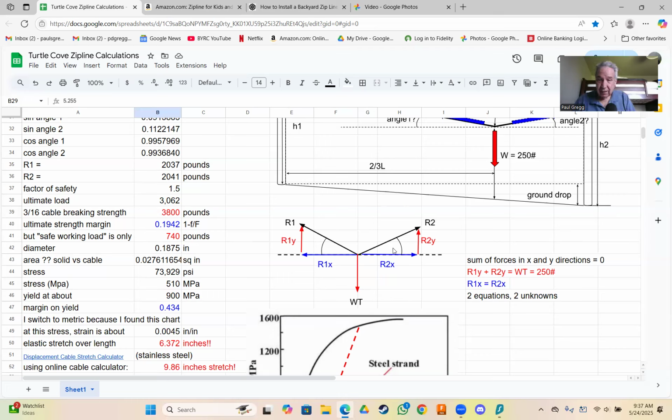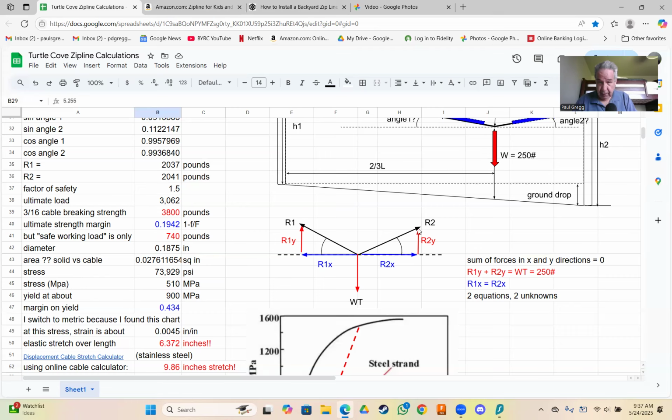And this is a common thing in engineering. R2 has a direction, it's a vector, and it has a magnitude. But it can be divided into the Y portion and the X portion. So this is R2 in the X direction, and this is R2 in the Y direction.